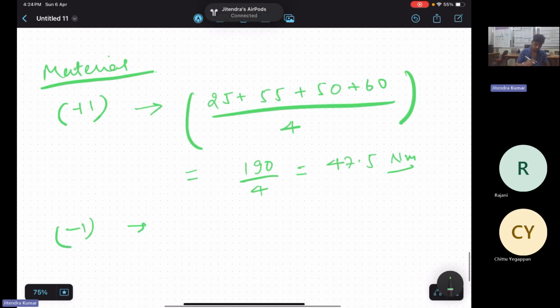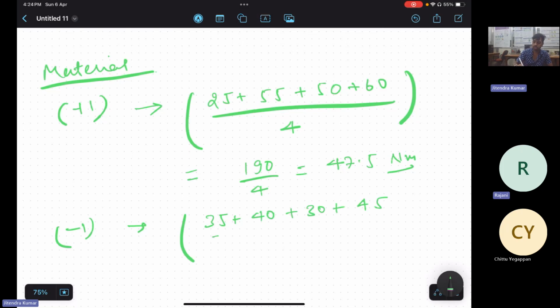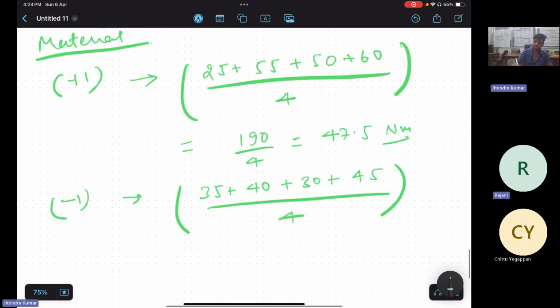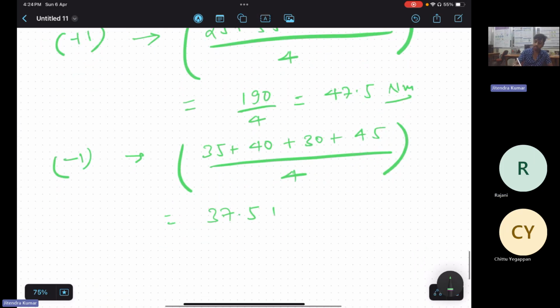Now corresponding to -1, it is all the above four: 35, 40, 40, 30, 30, 45, which gives 37.5.